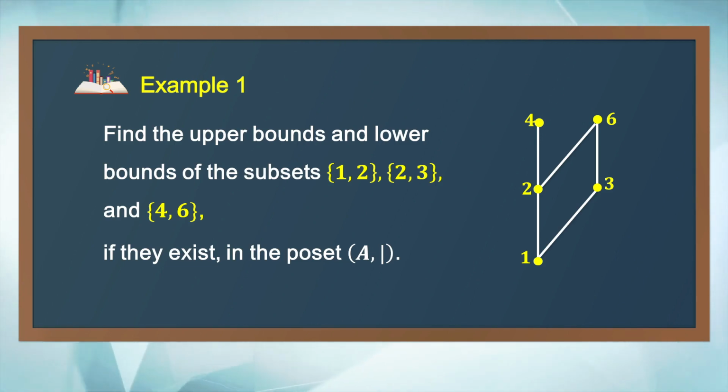So, the upper bounds of set {1, 2} are 2, 4, and 6, and its only lower bound is 1. The upper bound of set {2, 3} is 6, and its only lower bound is 1. There is no upper bound of set {4, 6}, and its lower bounds are 2 and 1.